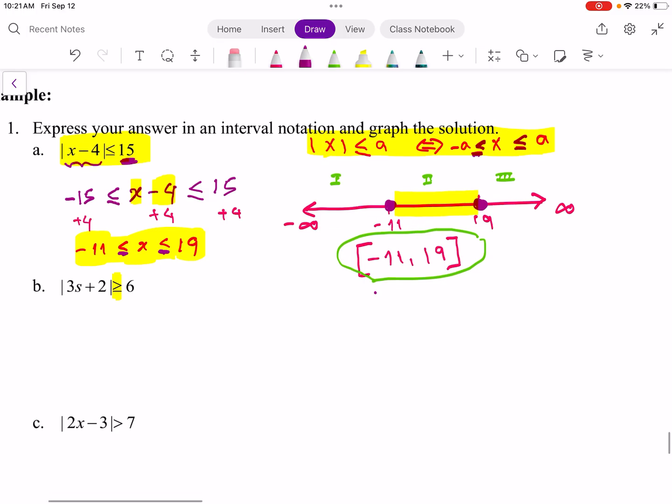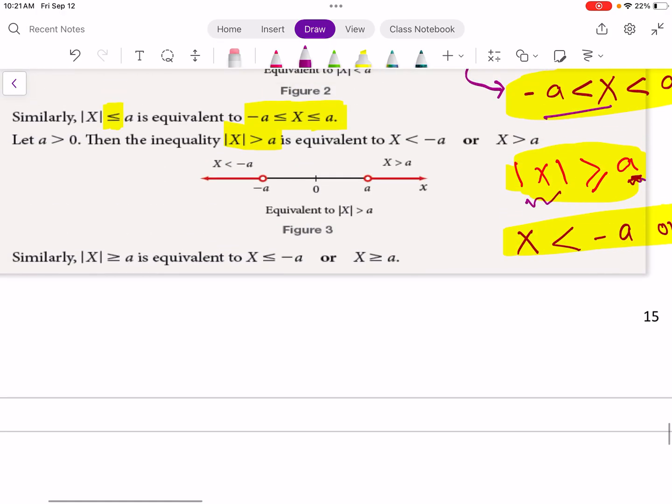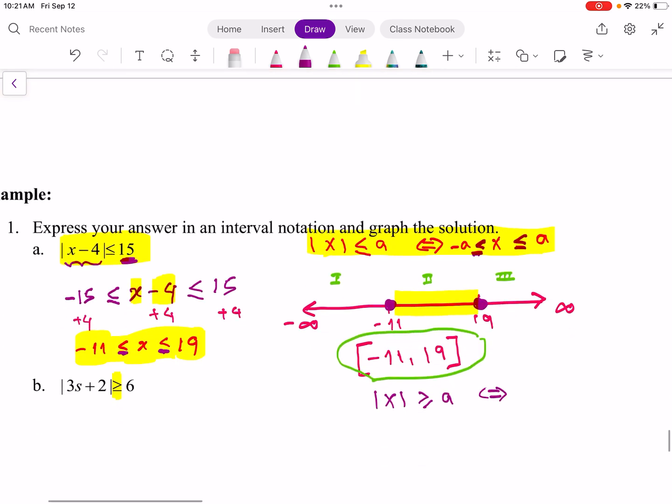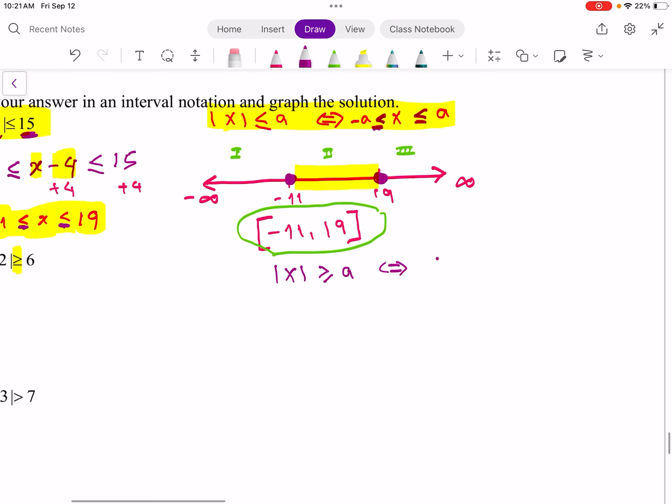If we have the absolute value of x greater than or equal to a, then its definition is x less than or equal to negative a, or x greater than or equal to positive a.